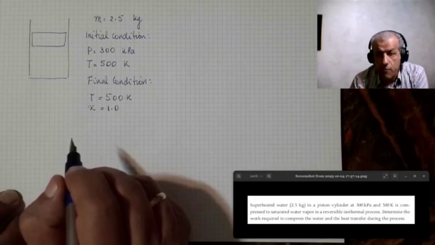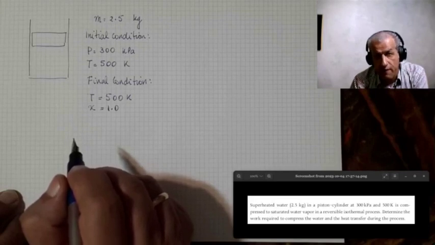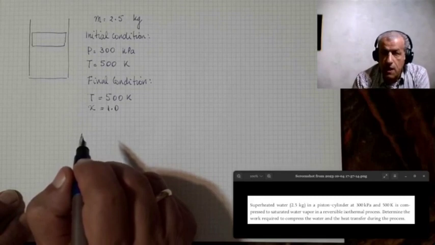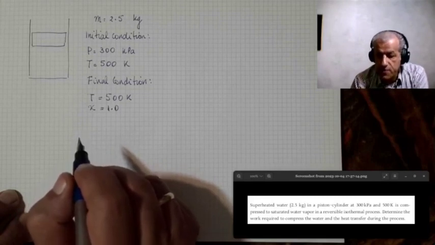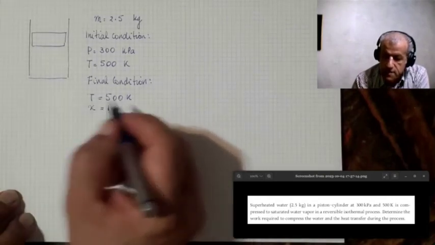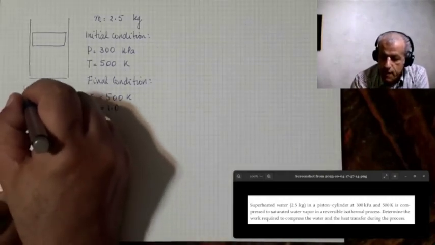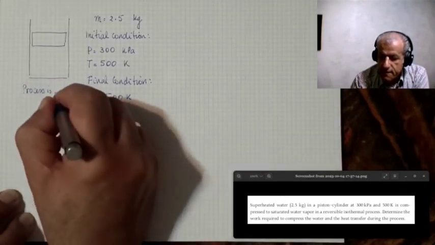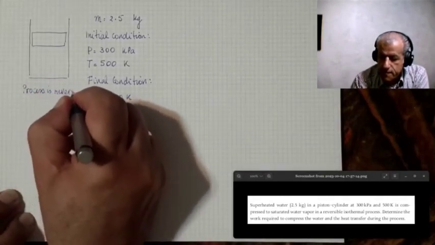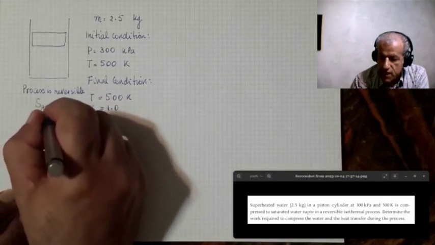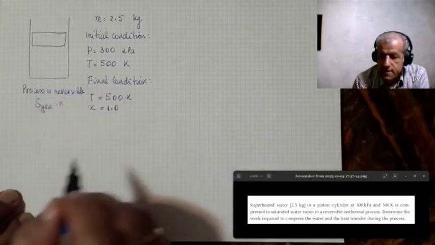Now, we have both initial and final conditions, but we are given another information. And that information is that the process is reversible. And that means Sgen equals 0.